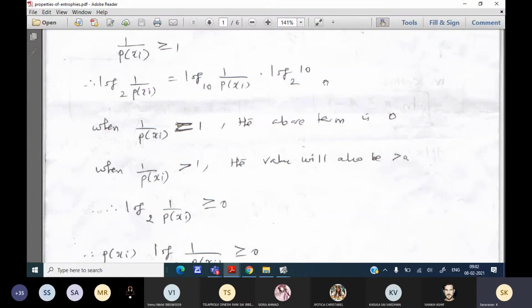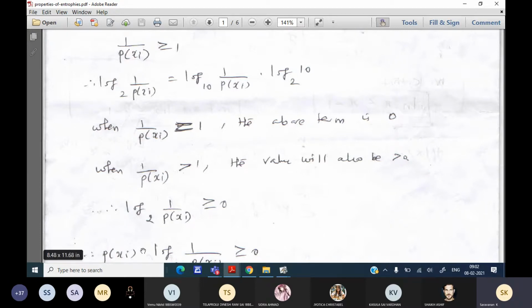This is known to you. When 1 by p of xi is 1, the log of 1 by p of xi becomes 0. When 1 by p of xi is greater than 1, the log term will be greater than 0. So log 1 by p of xi base 2 is greater than or equal to 0.